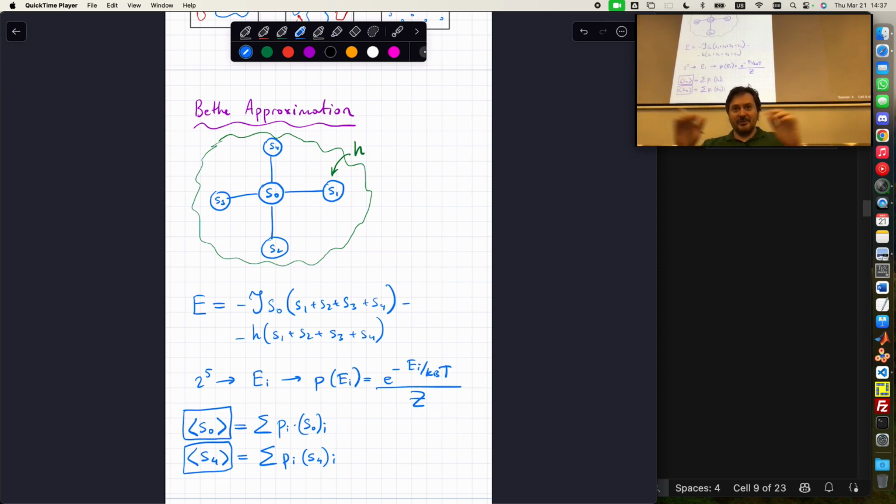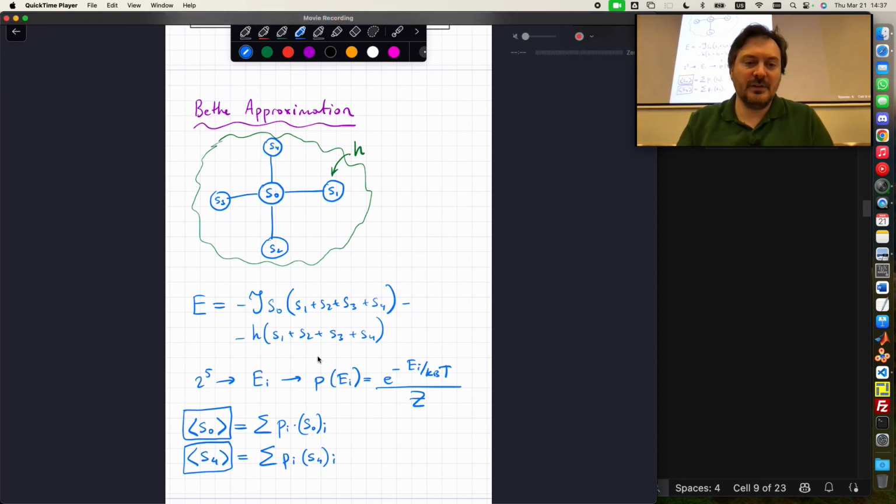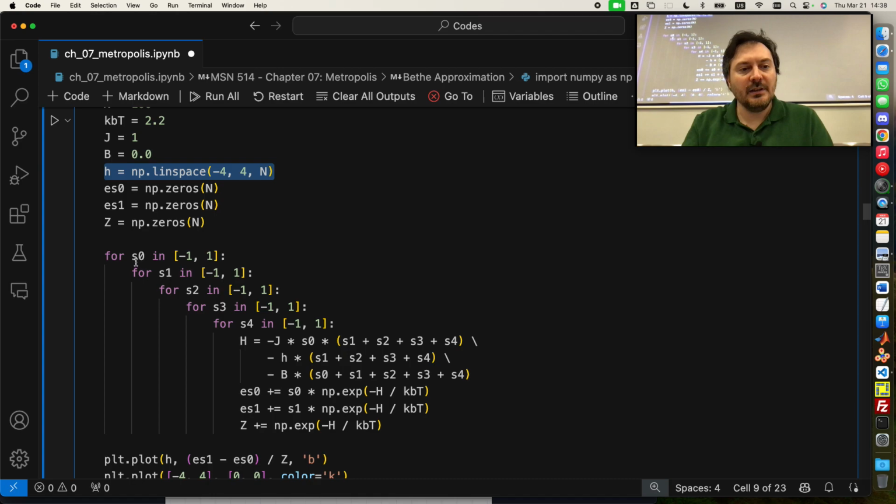I will go quickly. If you don't understand, just let it be, okay? But ask questions. I want to show you just one thing at the end with this. Look, do you see? I go from S0 between -1 and 1, S1 between -1 and 1, right? Hamiltonian J times S0 times and so on, right? And then H times this, yes? And then I'm going to eventually calculate the expectation value of S0. So I'm calculating S0 times the probability of being at that state.